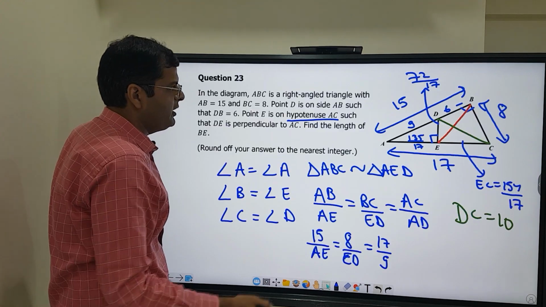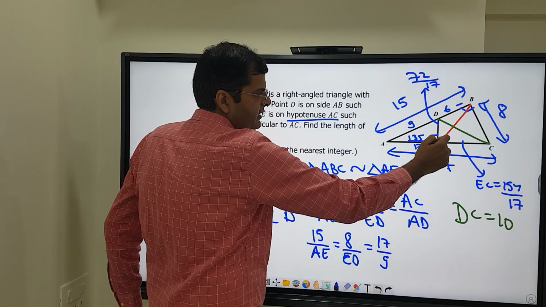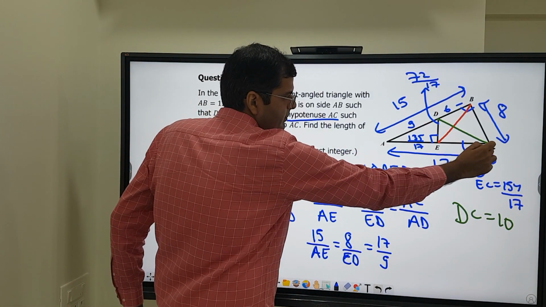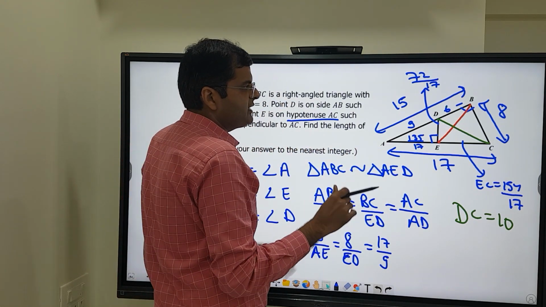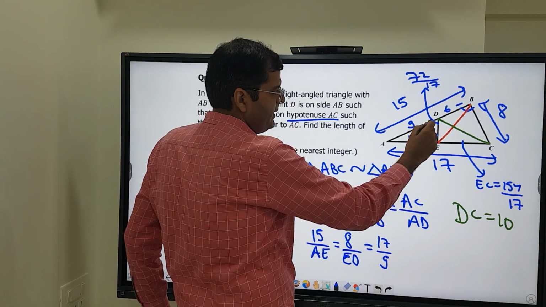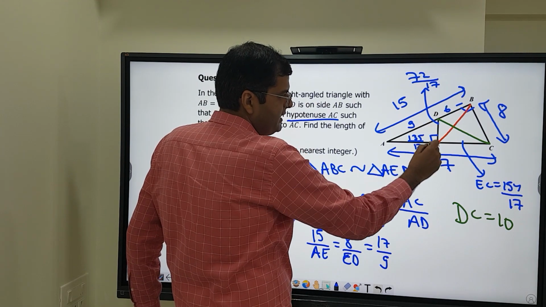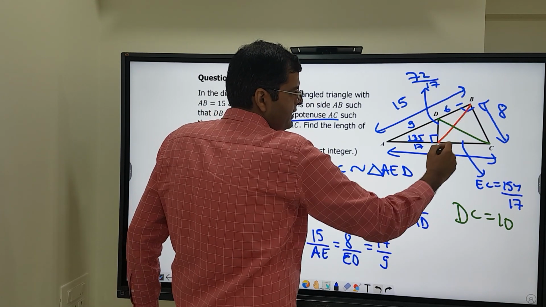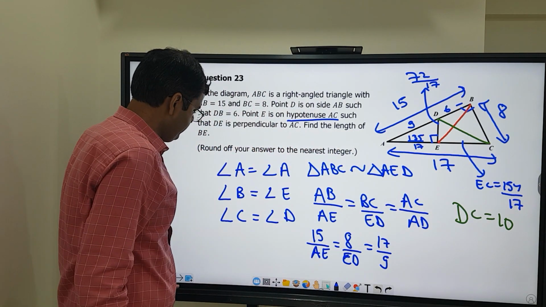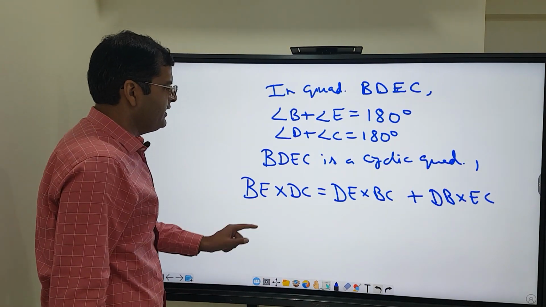Again, the product of diagonals in a cyclic quadrilateral, which is over here DC into BE, is equal to the sum of products of the opposite sides, means DE into BC plus DB into EC. Okay, so this is the theorem of cyclic quadrilateral.